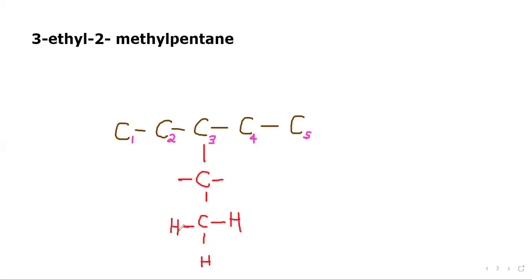It doesn't matter whether you draw the ethyl group underneath carbon number 3 or on top of carbon number 3. As long as it's CH2, CH3, it tells you that it is an ethyl group, right? Then we also have a methyl group on the second carbon atom, which is CH3. I'm going to show it in blue so that you can understand we're talking about a methyl group.